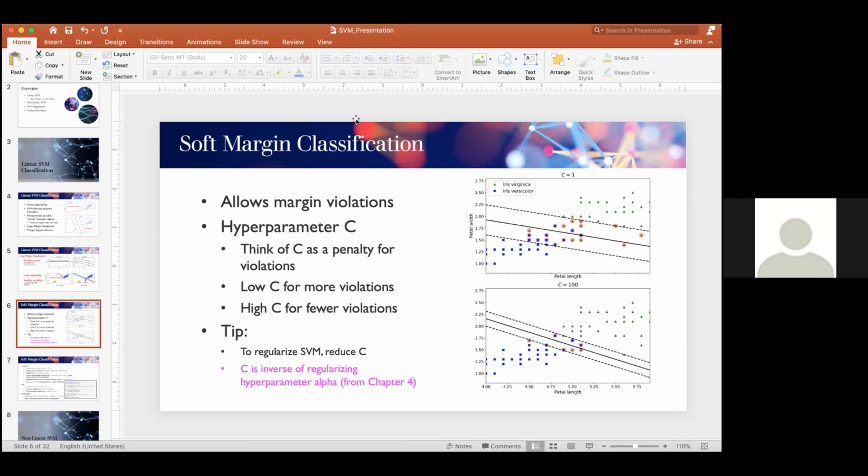If I understand correctly, another way of thinking about this C equals 1 versus C equals 100 thing is if you have a cost that is really, really high, then as you mentioned, that's the equivalent of having a hard margin classifier.